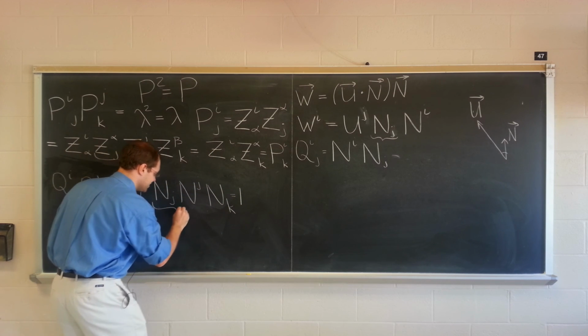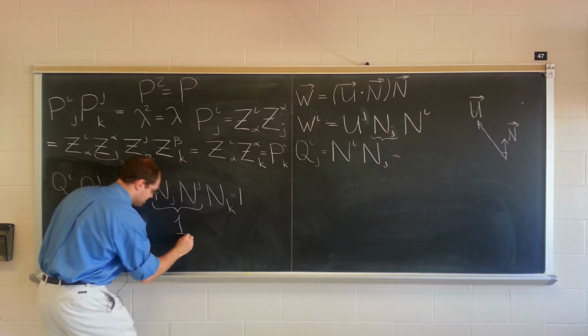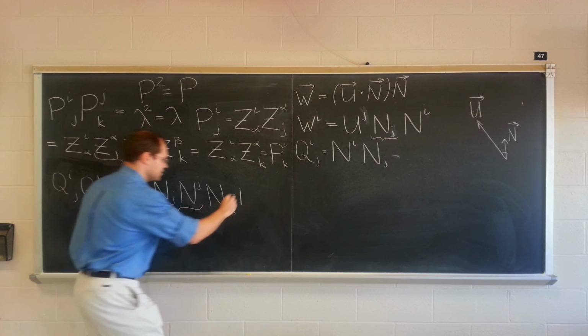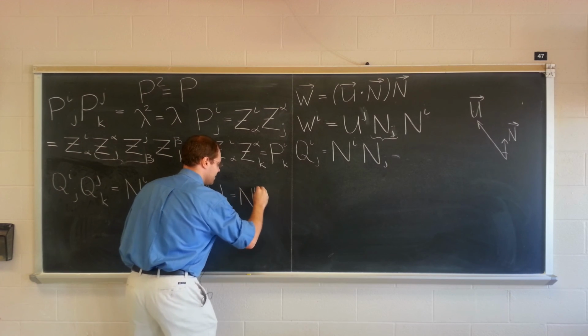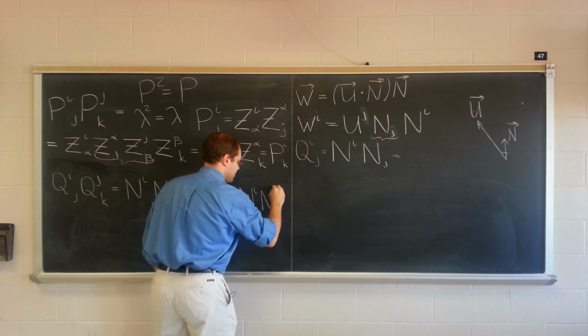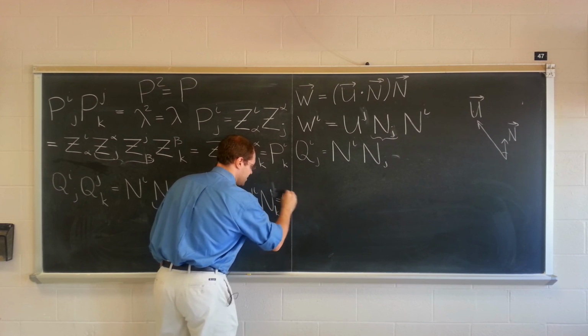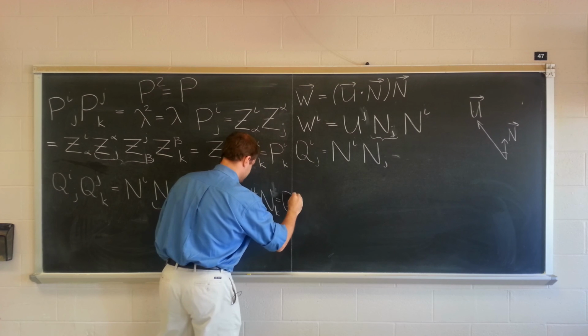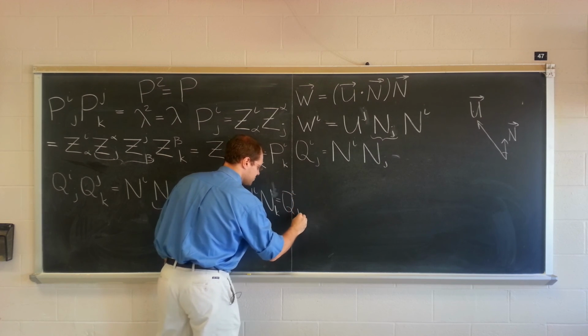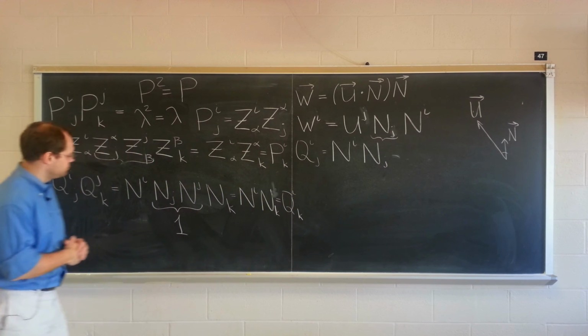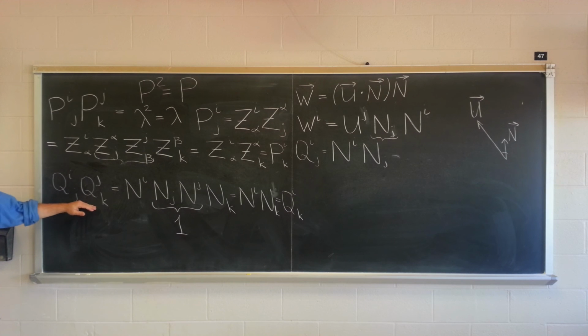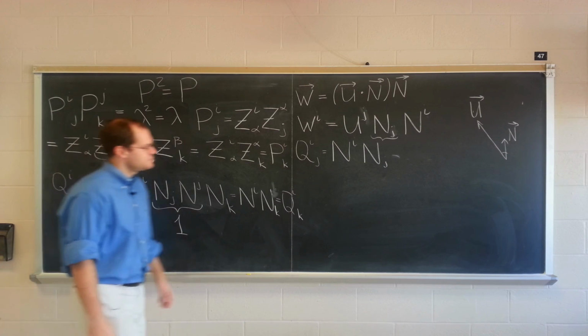Let me highlight this. This is just the number 1. So we're left with N_i N_k, which of course is simply Q_ik, just like we imagined. Okay, so that's the projection onto the normal space.